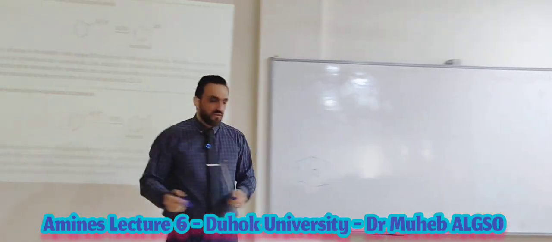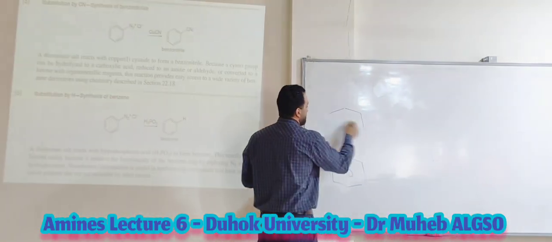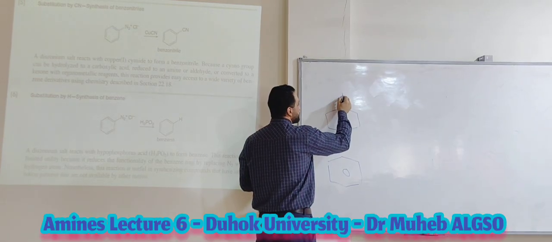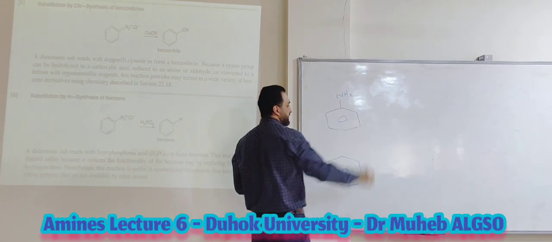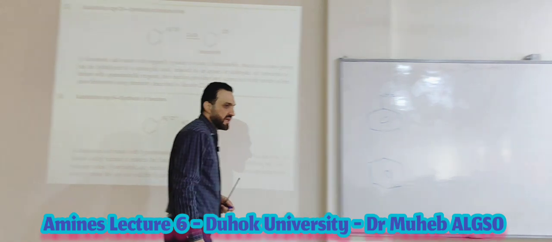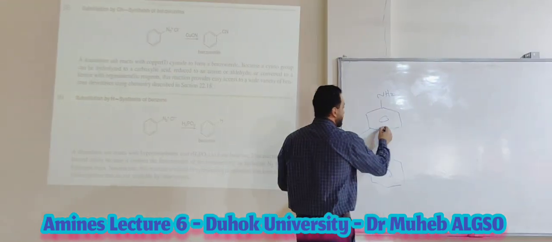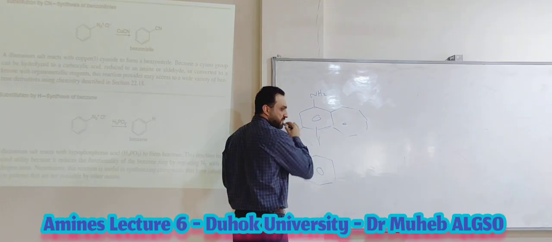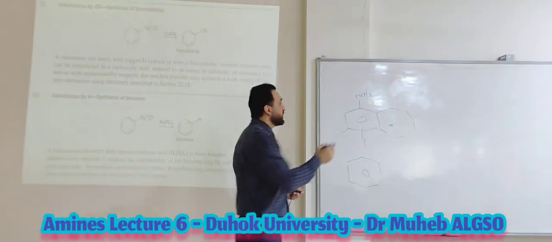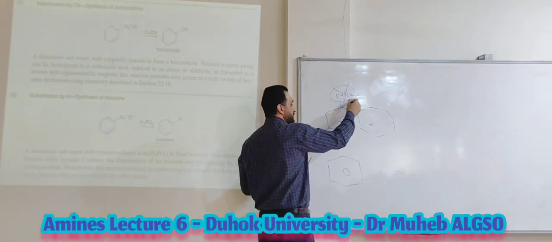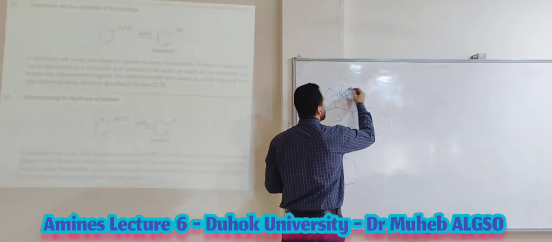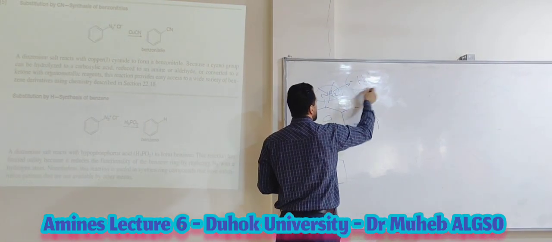So you have, for example, this compound, and you have here NH2, okay, and you have many groups here, or maybe other groups here, like that. Many groups in the structure. And you want to cancel this group, to reduce this group, to convert the NH2 to what? To the hydrogen.